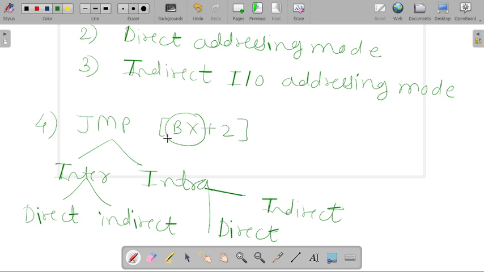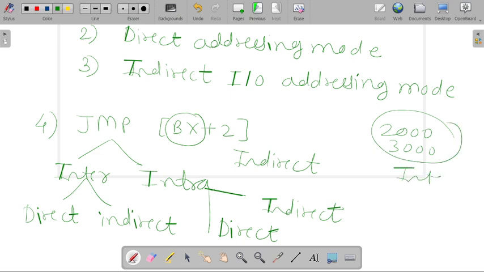So whenever the bracket is there, this type of addressing mode will be indirect addressing mode. But here you have to identify whether it is intra or inter segment. So how can you identify the intra and inter segment addressing mode? Whenever we specify the memory location directly, like 2000 and 3000, that is called inter segment.